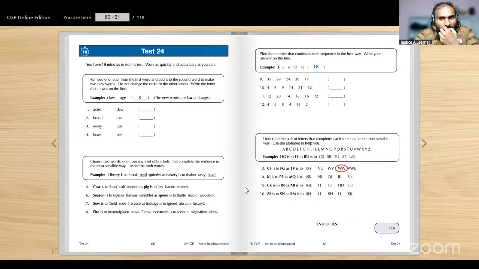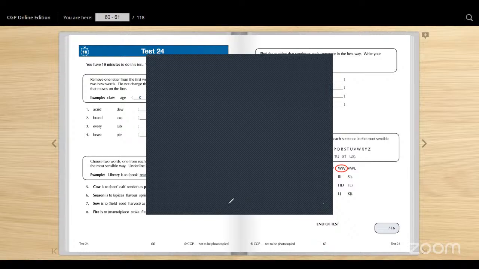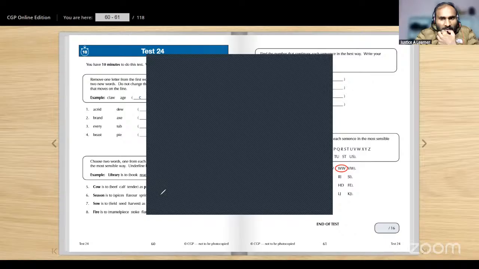Solve all of them. What is that? Nothing, sorry, mistake.